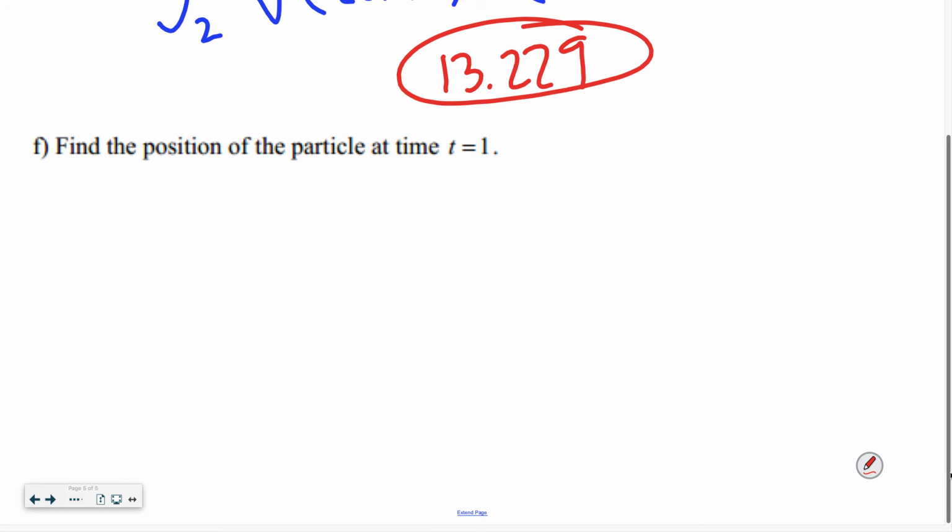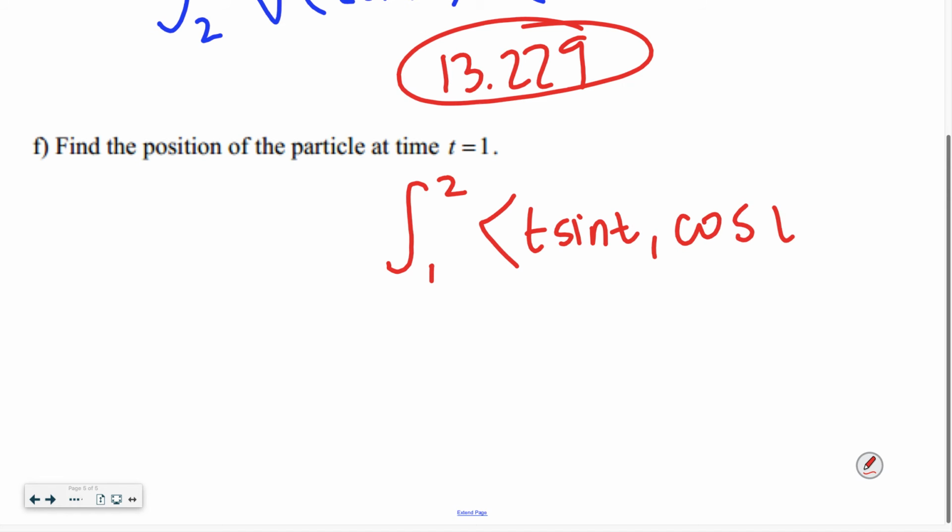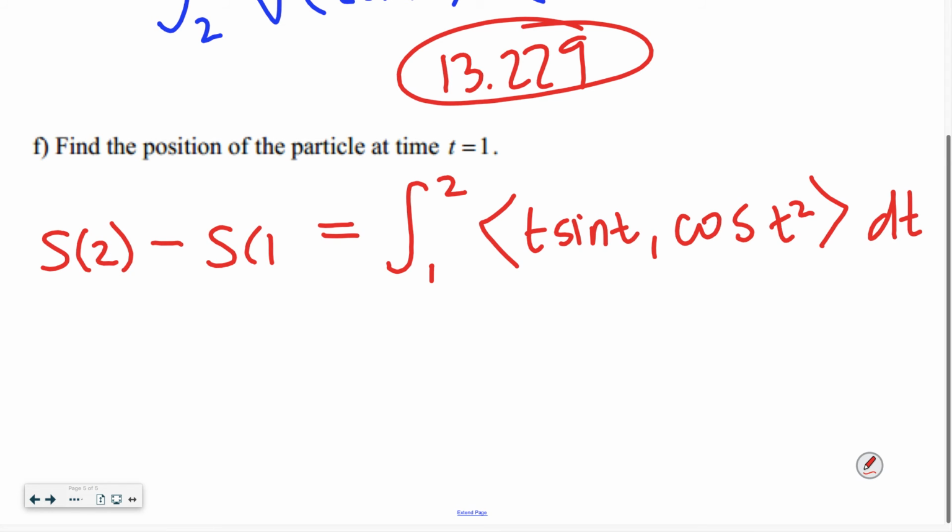And what we're going to have to do is the integral from 1 to 2 of our velocity vector. And we know that that's going to equal the position at 2 minus the position at 1.